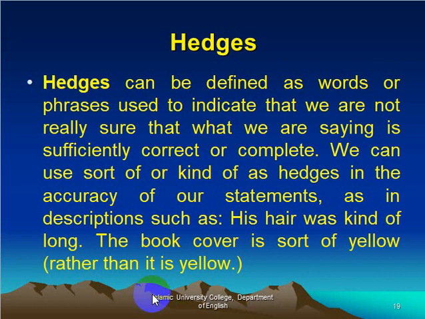We can use "sort of" or "kind of" as hedges in the accuracy of our statements, as in descriptions, such as "his hair was kind of long," "the book cover is sort of yellow" rather than "it is yellow." So "sort of" or "kind of" and so many other things are called hedges. They're used for pragmatic purposes, for politeness, for implicature, face-saving acts sometimes, and so on and so forth.